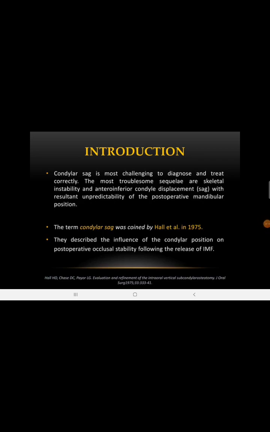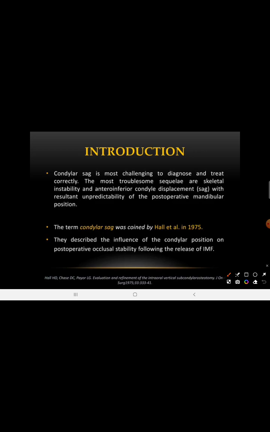Condylar sag is the most challenging to diagnose and treat correctly. The most troublesome sequelae are skeletal instability and anterior-inferior condylar displacement with resultant unpredictability of the post-operative mandibular position.